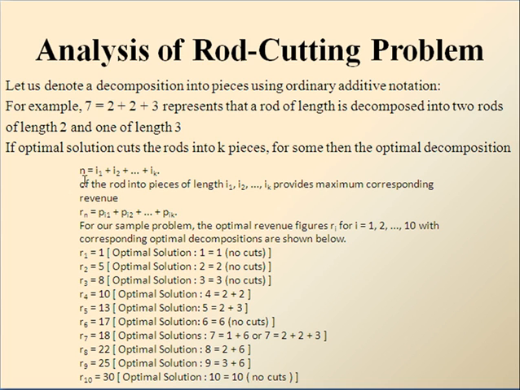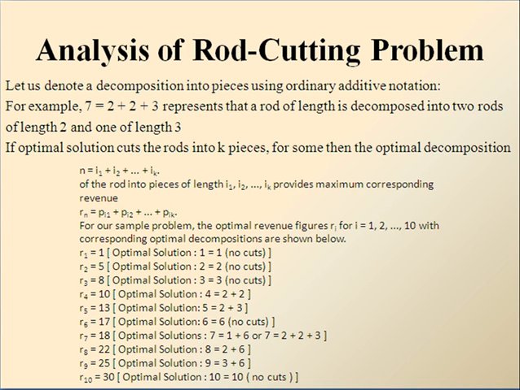So the rod is of length n and you are cutting it into this many pieces. This is of length i1, this is of length i2, till ik, and this cut is producing the optimum or maximum revenue, and the revenue will be the price of this piece plus the price of this piece plus the price of this piece, that is p of i1 plus p of i2 plus till p of ik.